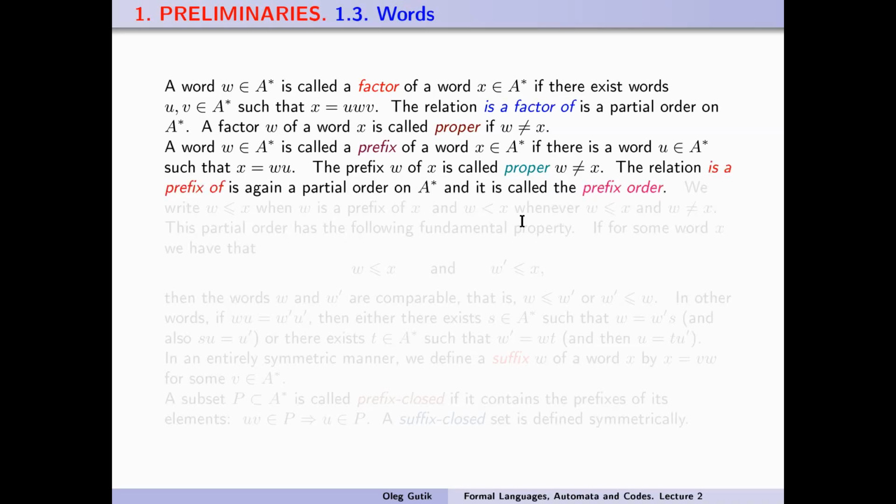The relation "is a prefix of" is again a partial order on the free monoid, and it is called the prefix order. Later we use this prefix order on the free monoid.